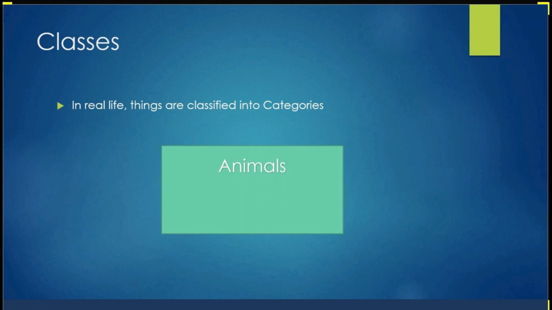They are creatures and all animals share some characteristics. So, for example, all animals can reproduce, they can eat food, and they have some way of moving around. And we can say that all animals share these characteristics. So we can think of animals as a type of category or a class of thing that contains these characteristics.